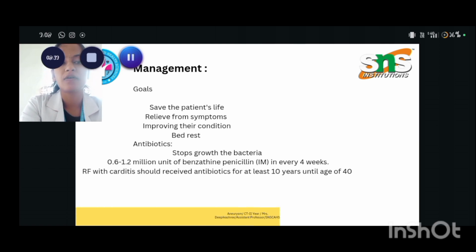Rheumatic fever with endocarditis should receive antibiotics for at least 10 years, until the age of 40. So this is the antibiotic for rheumatic heart disease patients.